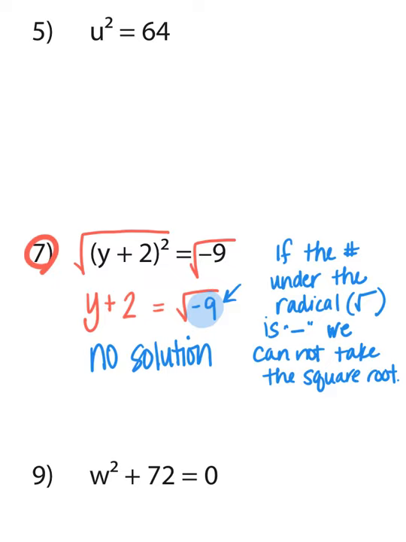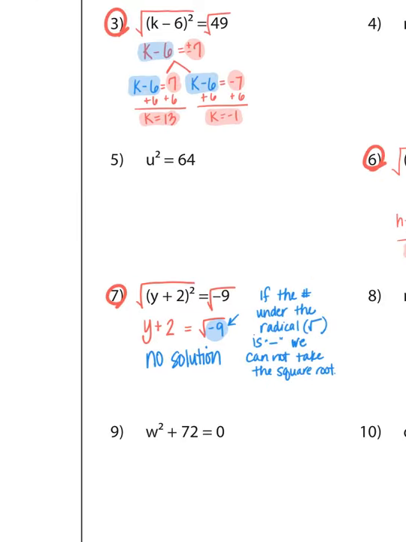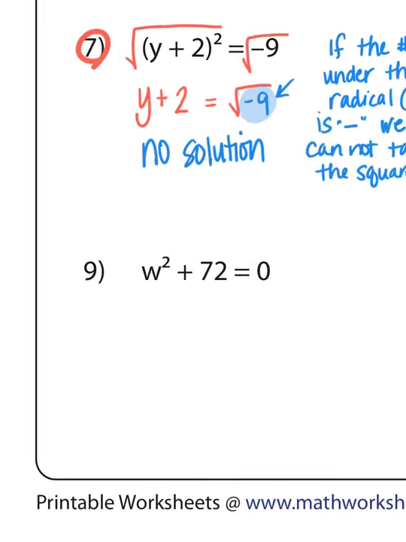Okay? There is a solution, but it deals with imaginary numbers. So for the sake of this lesson, we're going to say no solution. So if there is a negative number under the radical, the answer is going to be no solution. You cannot solve that. So number 9 is going to do the same. In order to solve for w, we have to subtract 72 from both sides.